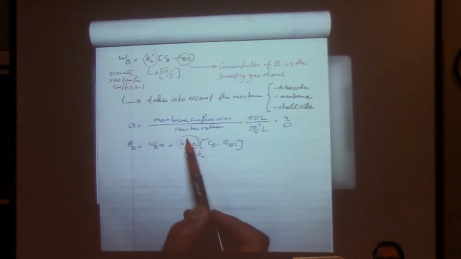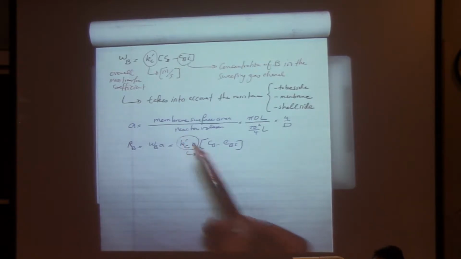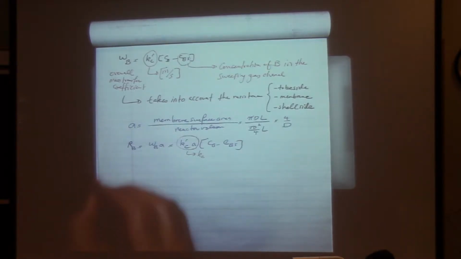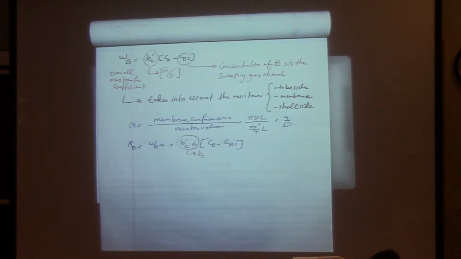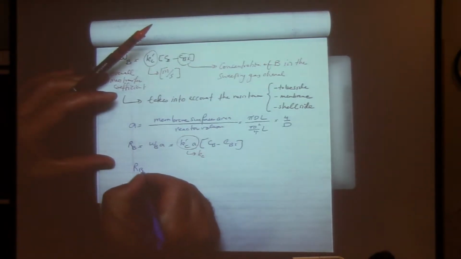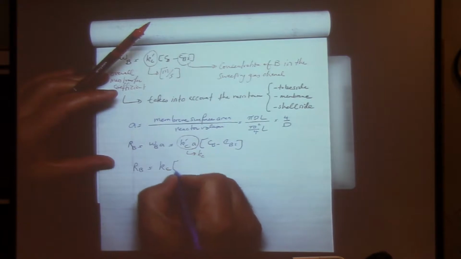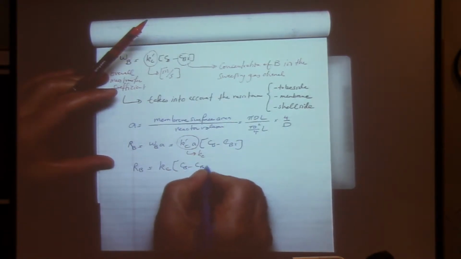That reminds you of the reaction rate constant for first order reactions. So that gives you RB equal to Kc times CB minus CBS.